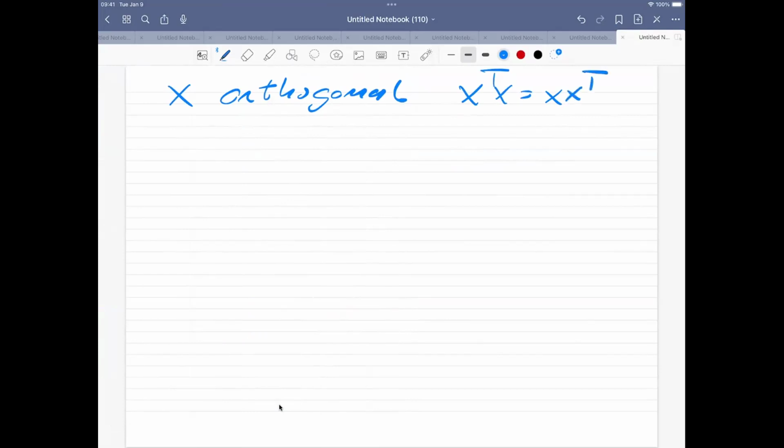So if X is an orthogonal matrix, these are normally square matrices, then we know that this is equal to the identity matrix, which I'm going to write like this. So that means that you just have ones along the diagonal and zeros elsewhere. Does that ring a bell? That's an orthogonal matrix.